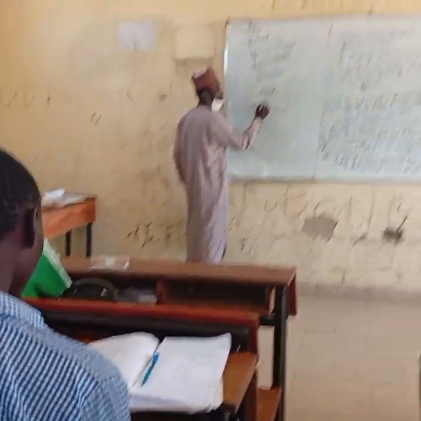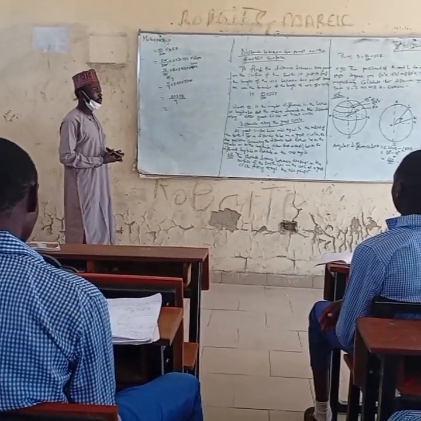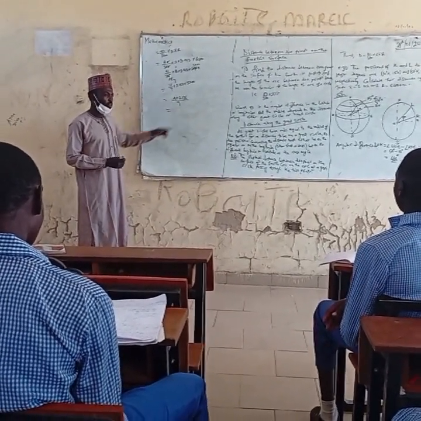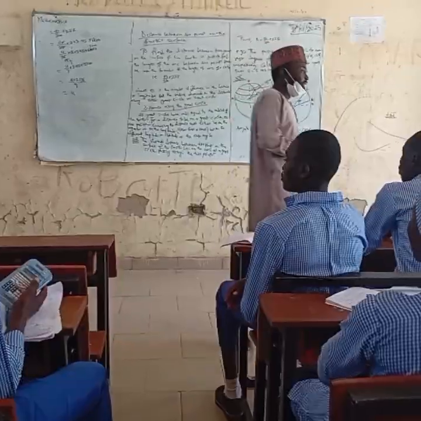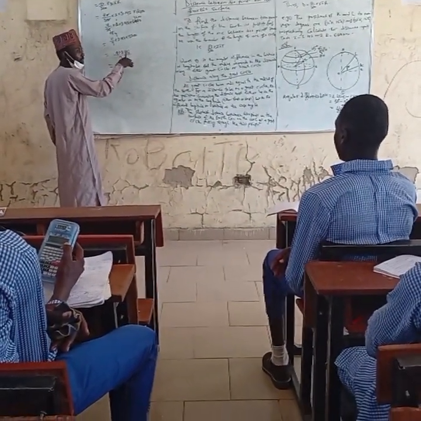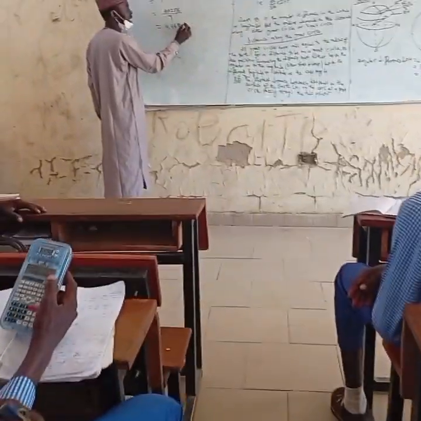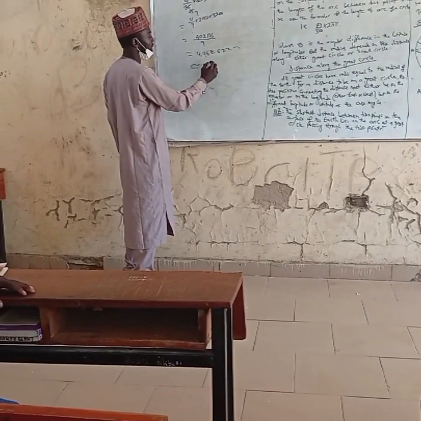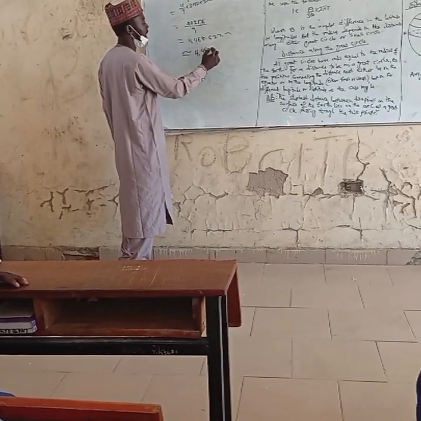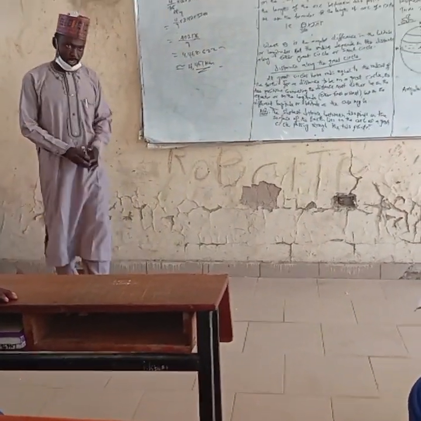This value divided by 9 gives 4,468.6. So the answer is approximately 4,469 kilometers. That is the distance between them.